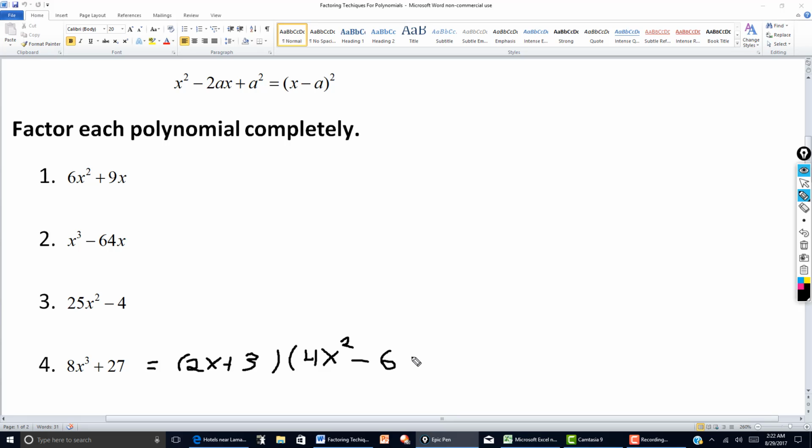Then it's plus the square of the second root. That's 3 squared, which is 9. And there you have it. And you can easily check the answer again by multiplying this out using your distributive property, and you should be getting the expression on the left side.